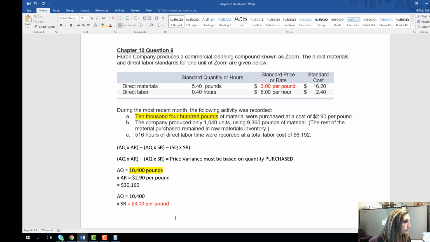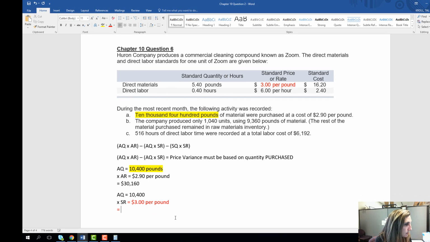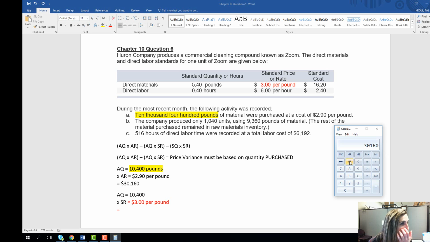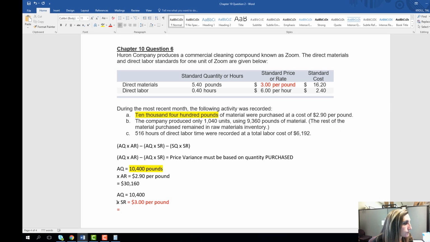And that would be equal to, when we use our calculator again, 10,400 times 3, 31,200. That is the middle section of our formula, but we cannot use that when we are calculating the quantity variance. We can use it when we're calculating the price variance.